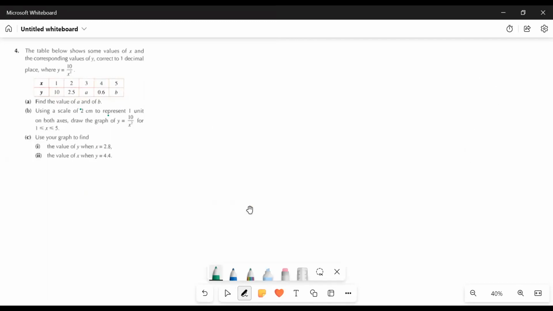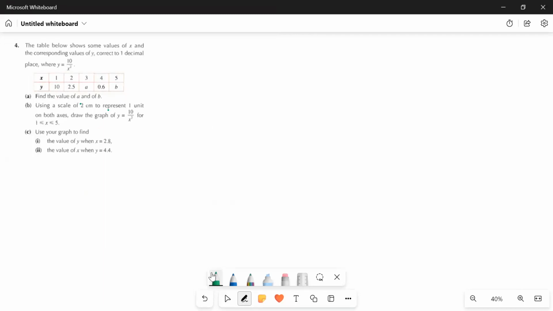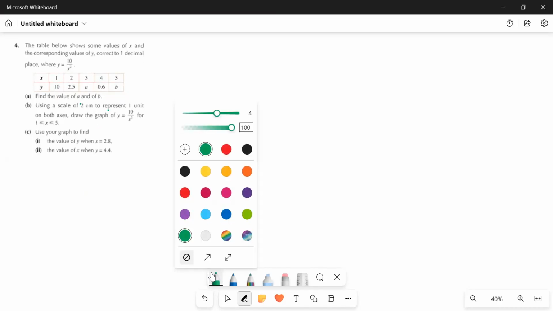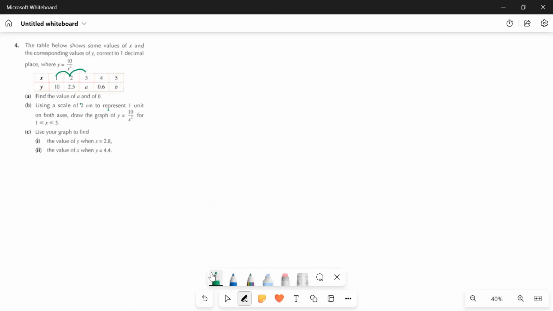Question number 4: the table below shows some values of x and corresponding values of y, correct to one decimal place, where y is equal to 10 over x squared. Now here the difference is 1 for all numbers. So we can use the calculator for finding the values.